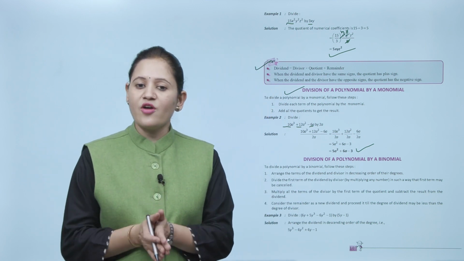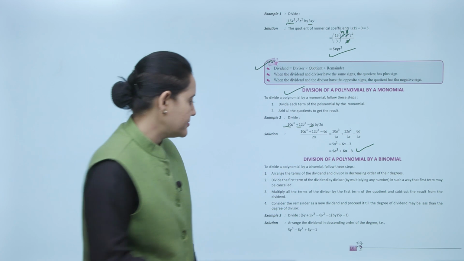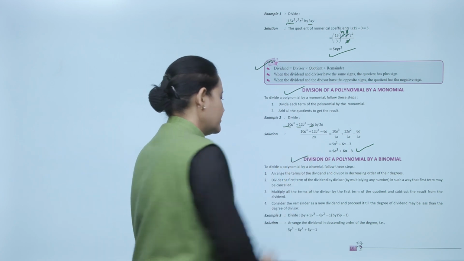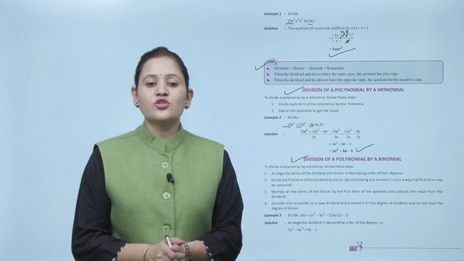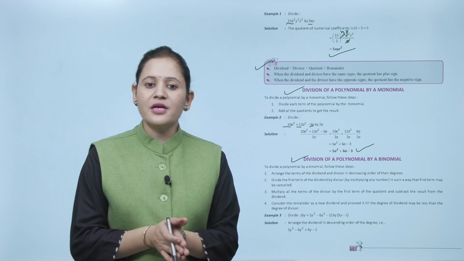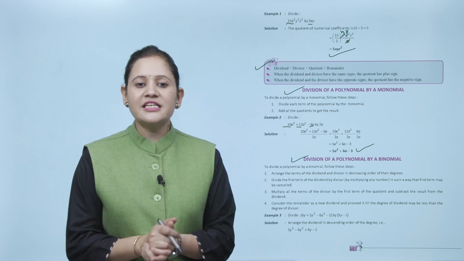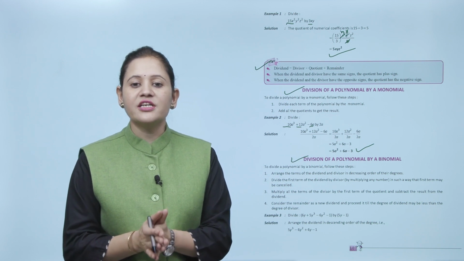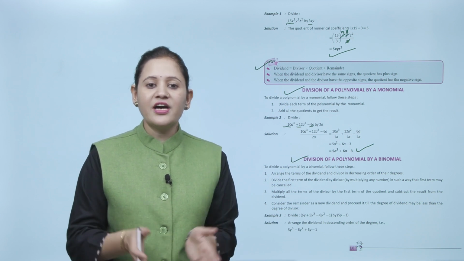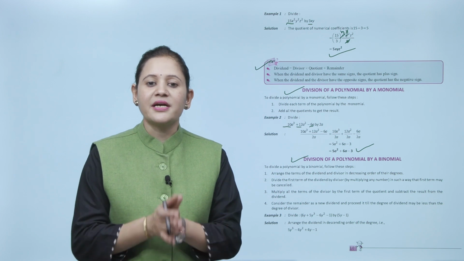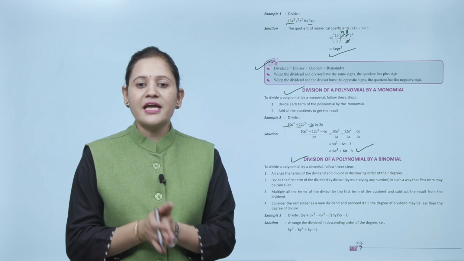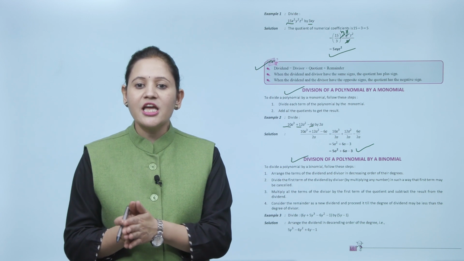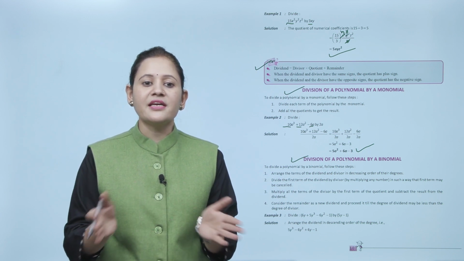Next is division of a polynomial by a binomial. To divide the polynomial by a binomial, follow these steps. Arrange the terms of the dividend and divisor in decreasing order of their degree. Divide the first term of the dividend by the divisor by multiplying by a number in such a way that first terms may be cancelled.